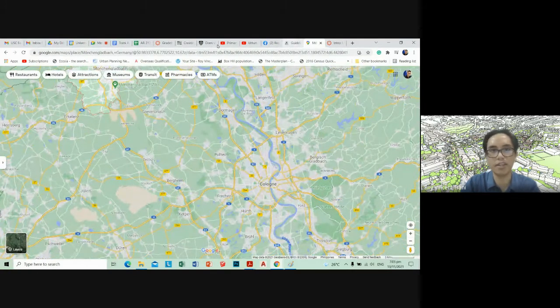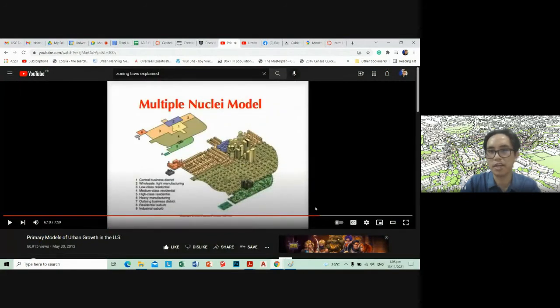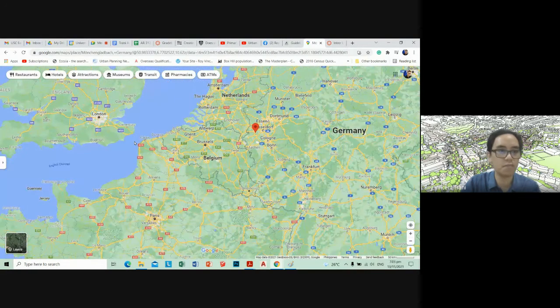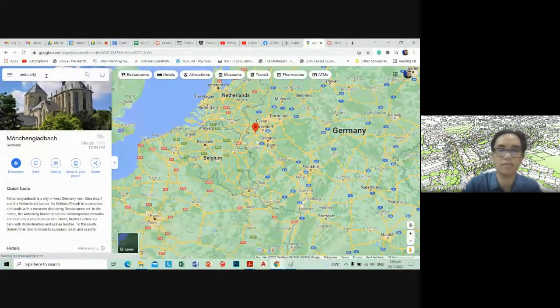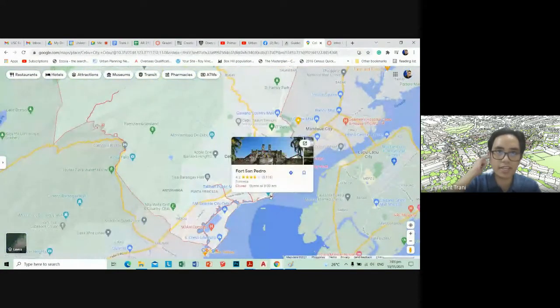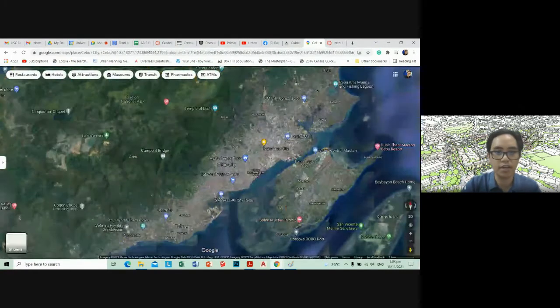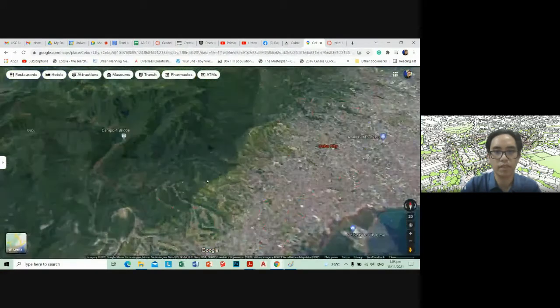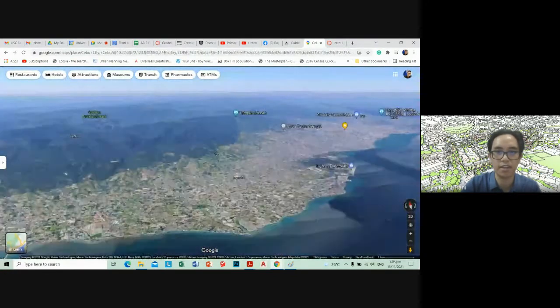Okay, and then finally, we have the multiple nuclei model, which we can sort of describe is what happens with Cebu City. Because geographically, Cebu City is an island and a very, what do you call this, hilly or like mountainous island at that.